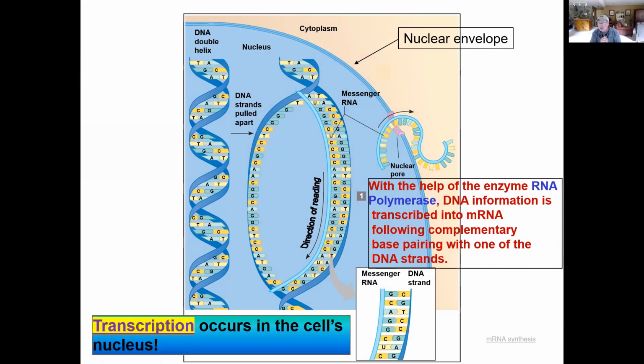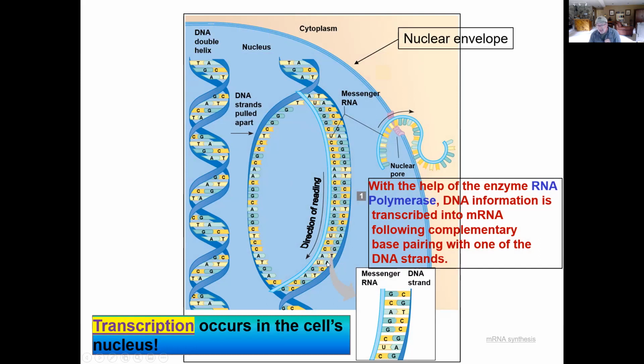No harm done. What has occurred is simply that the DNA strand here, we call it the template strand, is being used to form the messenger RNA. This other strand here on the left plays no role whatsoever in helping to construct the messenger RNA. It's just this side. And we've got to remember that if we have a C here in DNA, we're going to have a G in the RNA.